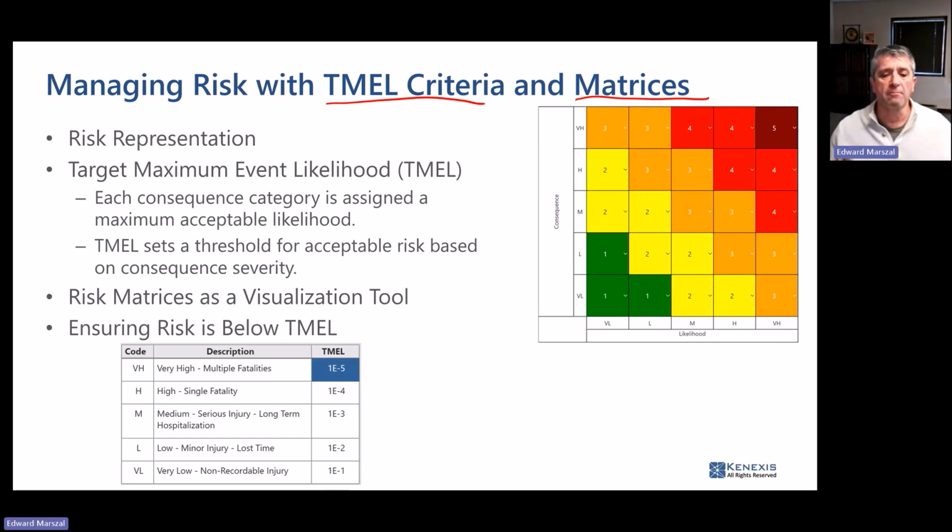So there are multiple different ways to represent risk, and the TMEL tables and the risk matrices are ubiquitous in the process industries. So we're going to define a category for our consequence, and then either we're going to calculate the frequency of that consequence, or we're going to put criteria on the likelihood and put them into bits.